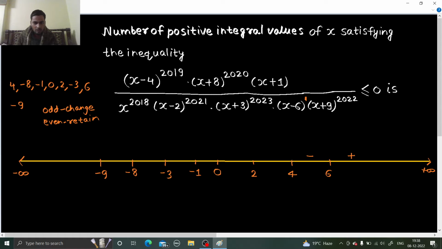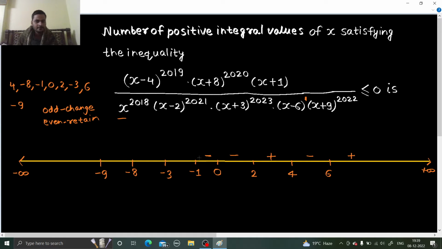Then I will have to cross 4, and 4 is coming from this bracket, power is again odd, so again I have to change sign. Again 2, coming from this bracket, power is again odd, so minus. 0 is coming from this, power is even, so no change in sign, the sign will retain minus.